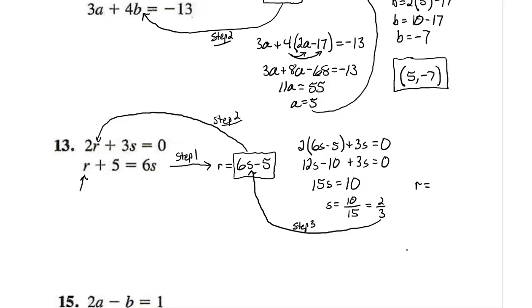R equals 6 times 2/3 minus 5. 6 times 2 is 12/3, which is the same as 4. So R is equal to -1. In alphabetical order, the letter R comes before the letter S.